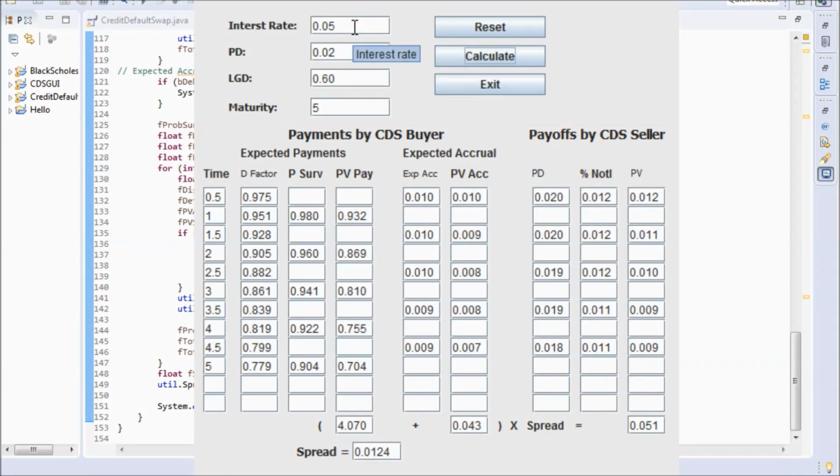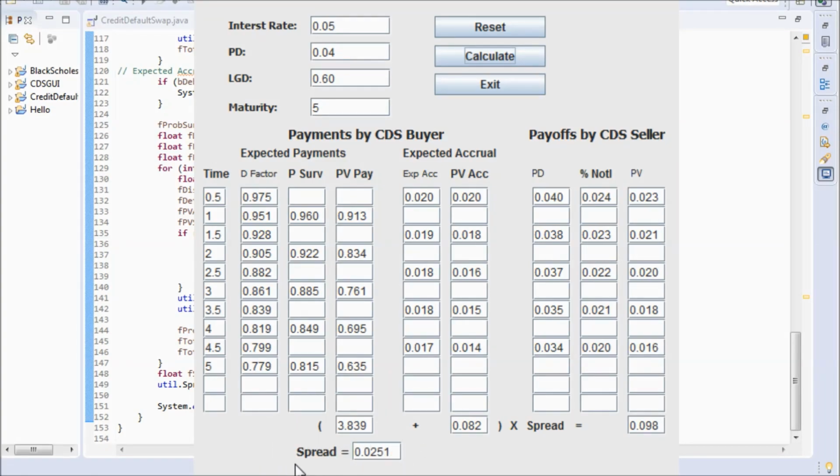Now let's change the interest rate. If we change the interest rate to 0.1, recalculate, you can see the spread changed a little bit. Now let's change the probability of default. If we double this number from 0.02 to 0.04, recalculate, you can see the spread increases.